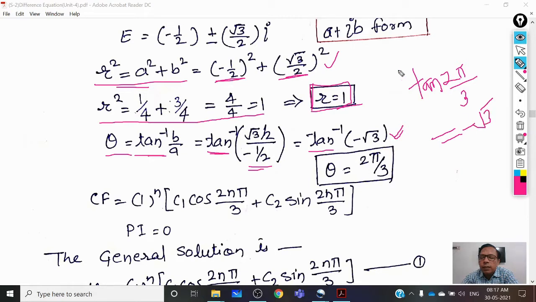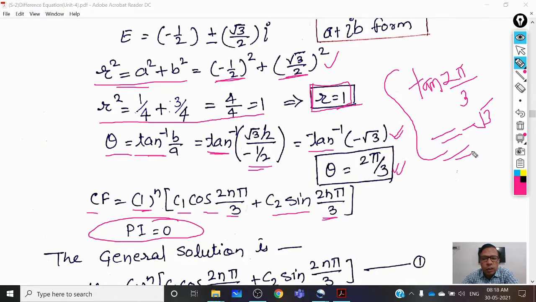So by using this value, we have theta equal to 2 pi by 3. So finally CF is 1^n (C1 cos 2 pi by 3 n plus C2 sin 2 pi by 3 n).